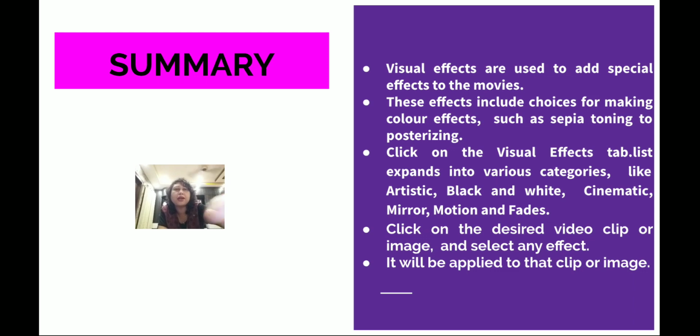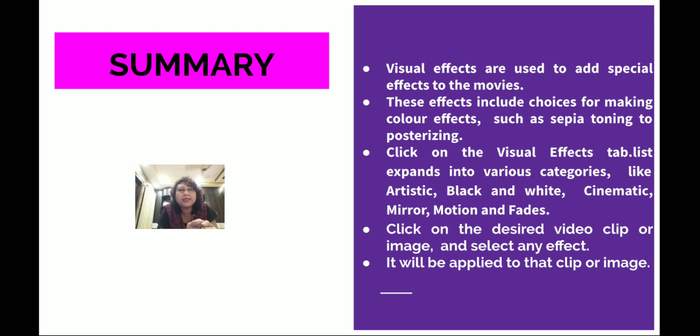So let us summarize what we have done today. We have learned about visual effects. Visual effects are used for adding special effects to the movies. These effects include choices for making color effects such as sepia toning to posterizing.